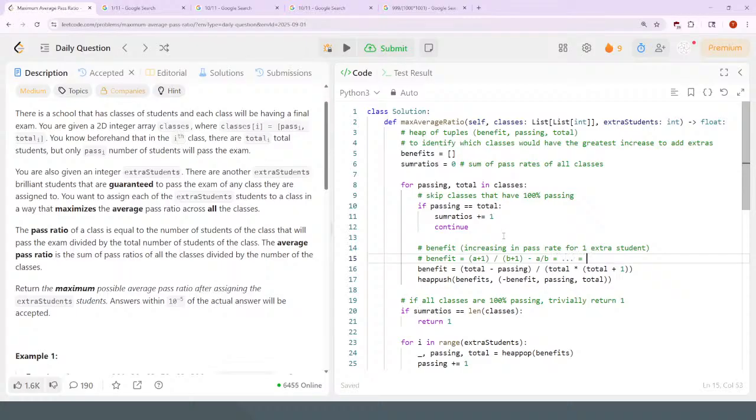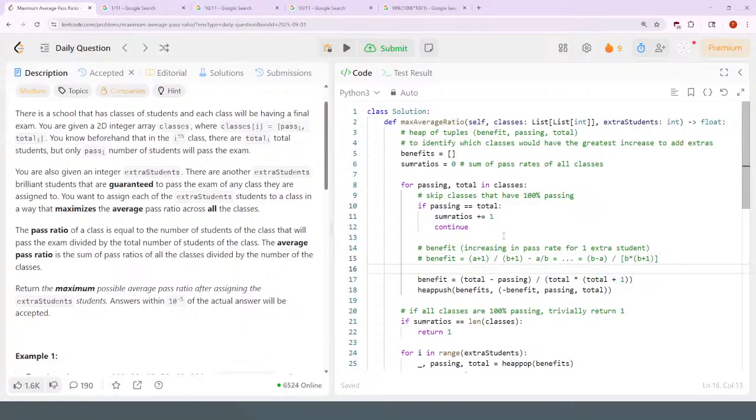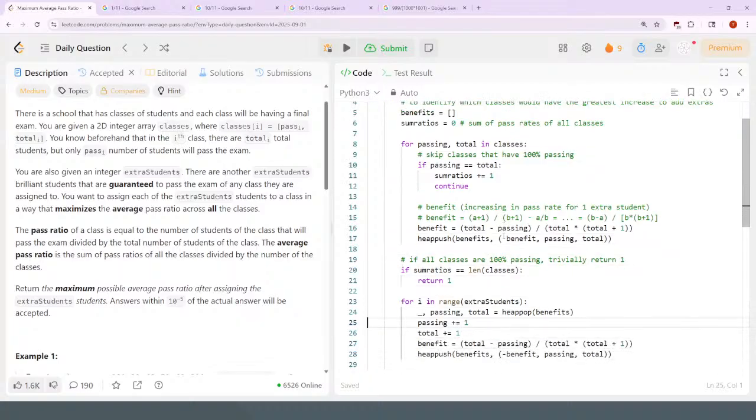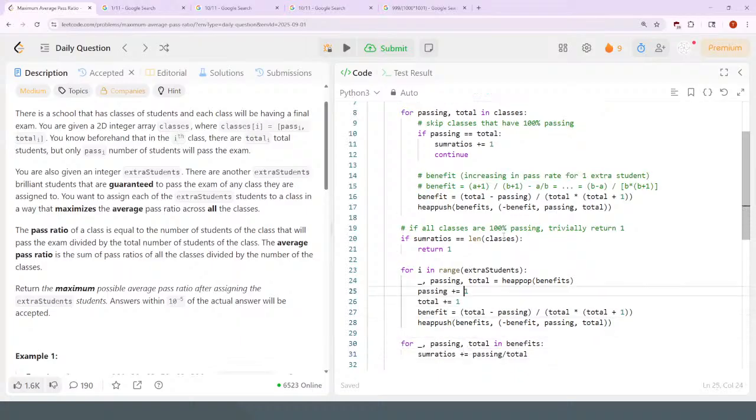This eventually equals B minus A divided by B times B plus 1. Push that onto the thing. Have your heap.